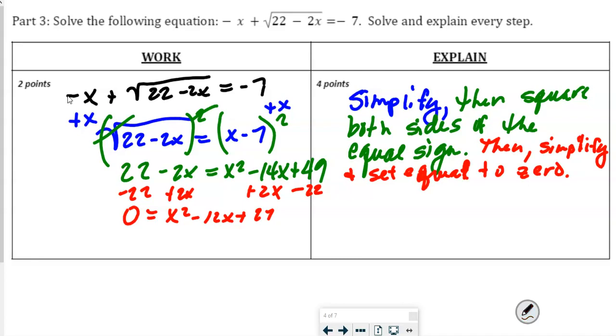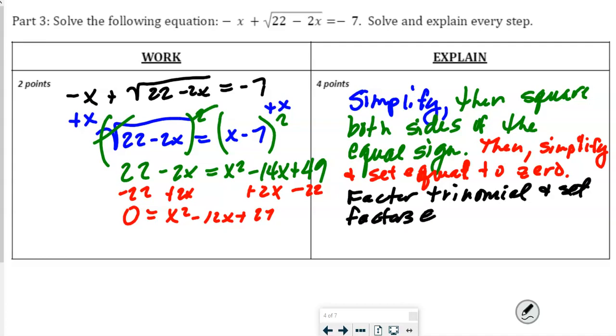Then we have to factor the trinomial and set factors equal to 0. That's what we're going to do next, okay?